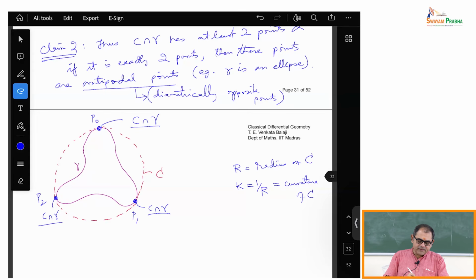The curvature of gamma at P0 is certainly greater than or equal to K, and similarly the curvature of gamma at P1 is greater than or equal to K. The same thing happens at every point where gamma touches the circle C.